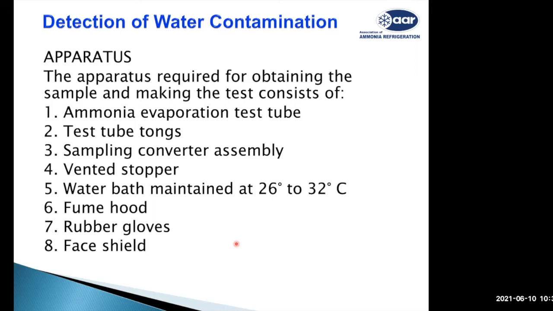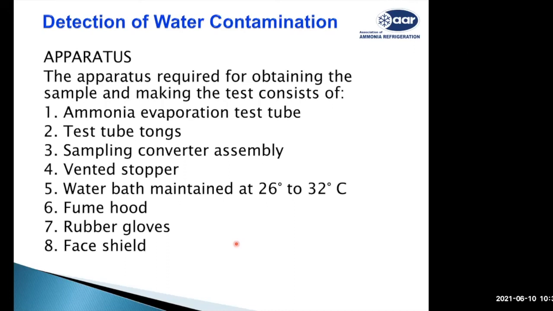But if the design suction pressure and the actual suction pressure and temperature are not the same, it is possible that there is water in your system. Now, you can also measure moisture or water content in ammonia by using an ammonia sampler.